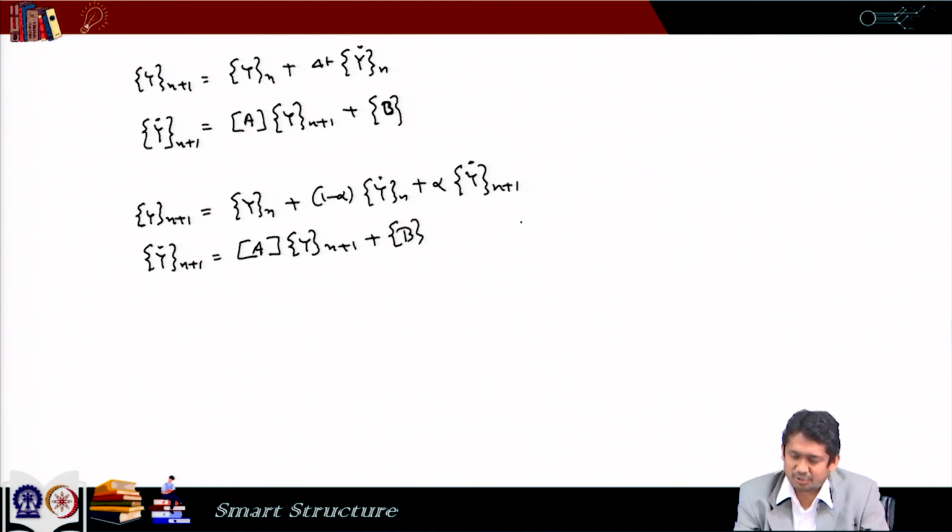So, again at time t is equal to 0, we know y0 and we know y dot. So, we know y and y dot at time t is equal to 0.